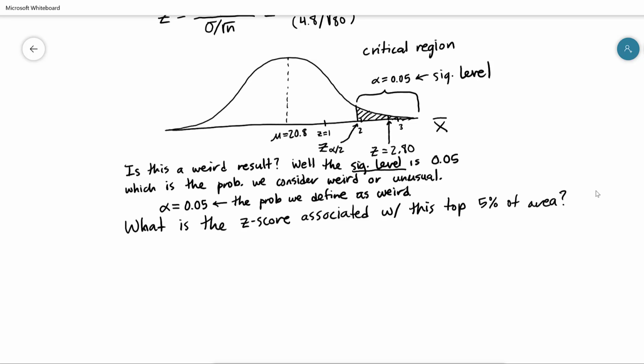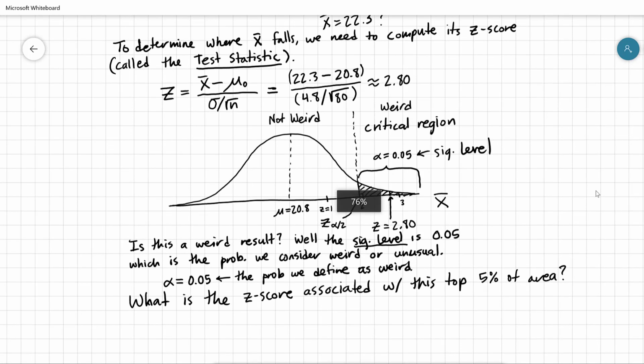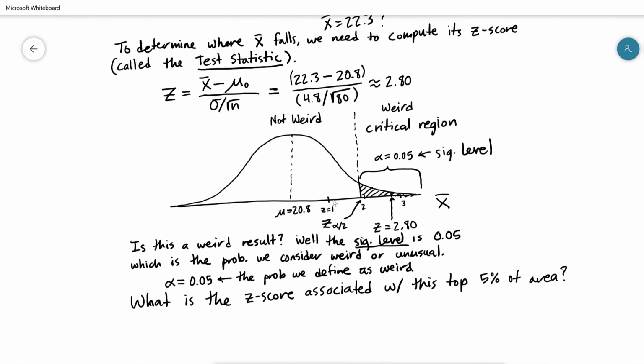So that critical region, basically what we're saying is right here, I'm going to put a divider. Any result that falls over here, we're going to say that's not weird. Any result that falls over here, that's going to be considered weird. The critical region is just the weird region. Any results that fall on this side are close enough to the value I was expecting that I'm going to consider it to not be a weird result.